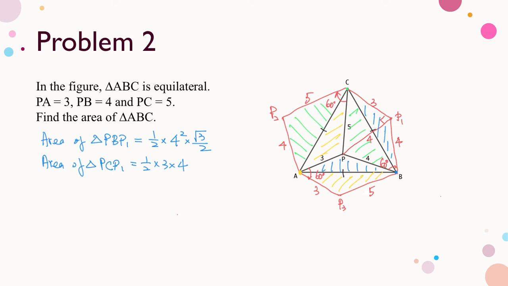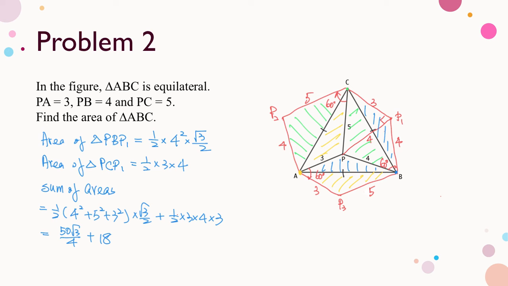Similarly, we have the sum of the areas equals 50√3/4 plus 18. By rotation, we consider the congruent triangles with equal areas, and therefore the above sum is a double of the answer. In other words, the area of triangle ABC is 25√3/4 plus 9.